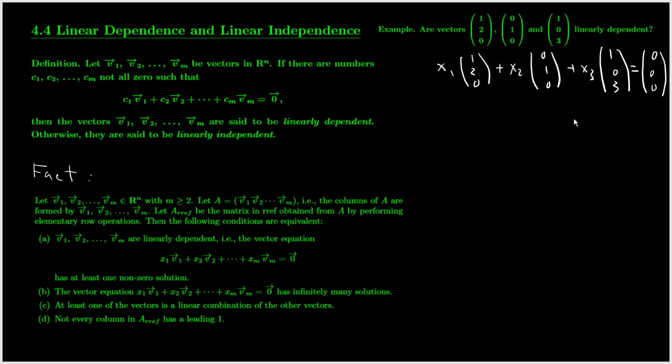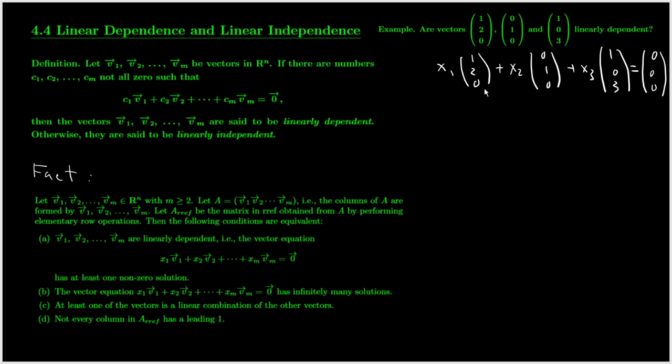And then we are trying to determine if the vector equation has a unique solution or many solutions. If the vector equation has infinitely many solutions, then the given vectors are linearly dependent.